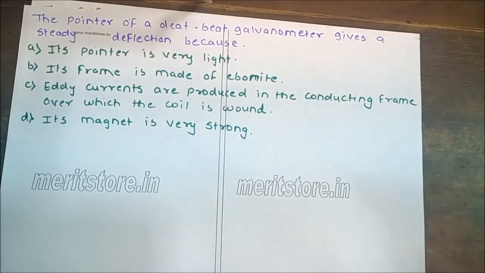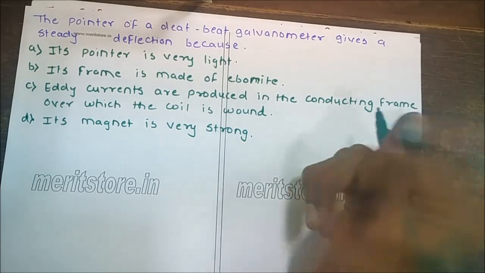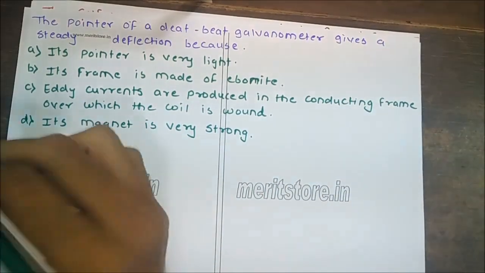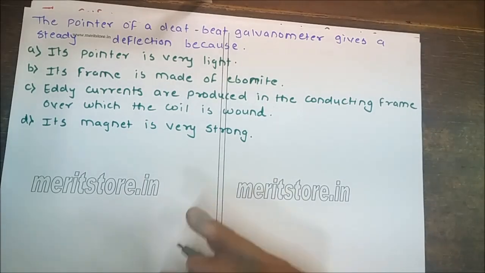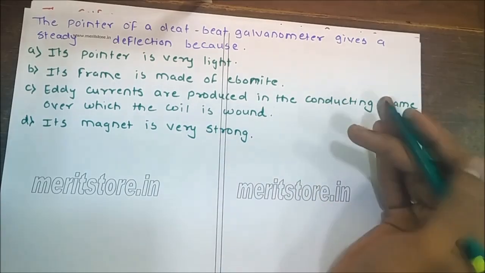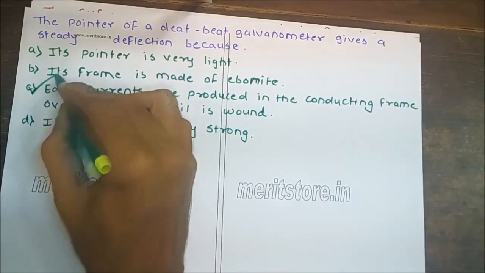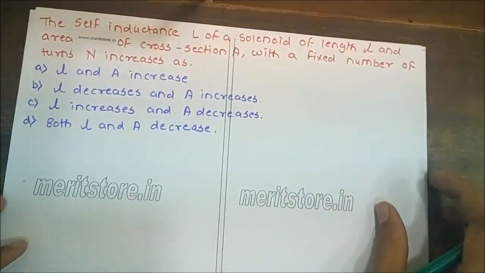Hence, whenever current is passed through it, the pointer comes to rest immediately without producing any oscillations. So eddy currents are produced in the conducting frame over which the coil is wound.